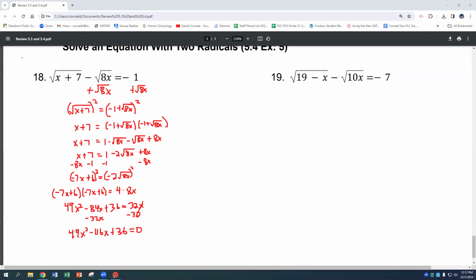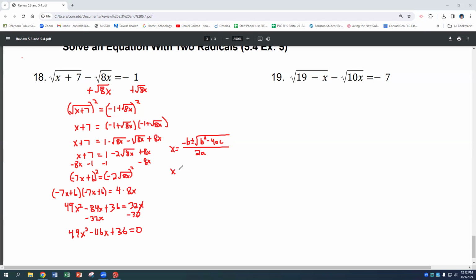Okay, they don't have any common factors here. I think factoring using the factor by grouping or box method is going to be very difficult. So I'm just going to use the quadratic formula. So if we remember, x equals the opposite of b plus or minus square root b squared minus 4ac all over 2a.